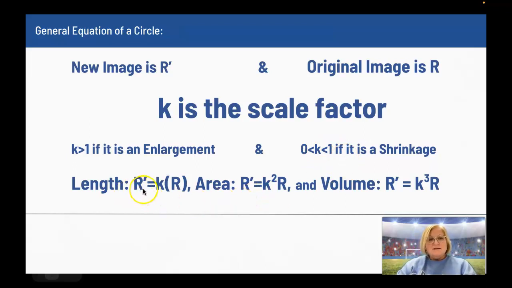For length, R prime equals K times R. When I'm looking for area, it's R prime equals K squared times R. But this is area for the R's. When I'm looking for volume, it's R prime is equal to K cubed times R.